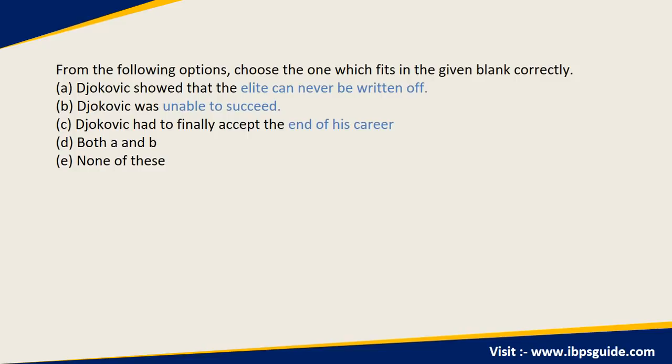D: both A and B. So options B and C are definitely negative. It says he was unable to succeed and it says that it was the end of his career. So we know that neither of these options fit the given blank. So option A has to be the right answer. Djokovic showed that an elite can never be written off. So they're saying that once an elite, you're always an elite. Even if you've gone through struggles, you come back as an excellent player.